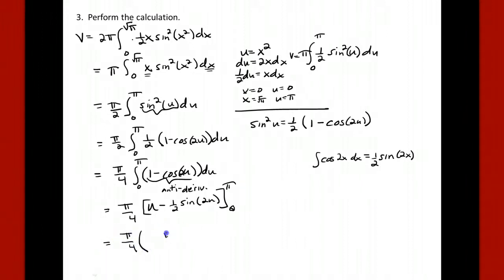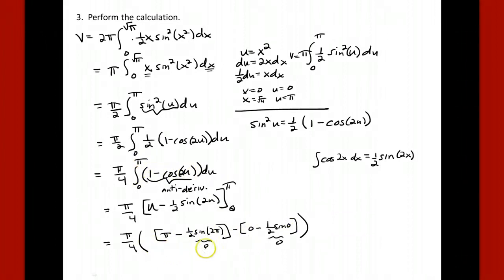So we put a pi in and we get pi minus half the sine of twice pi. And then we get 0 minus half the sine of 0. These guys are just 0. We could have figured that out a different kind of way, but let's just leave it as it is. We integrated a full period of cosine twice u, and so we're going to get 0 for the area.